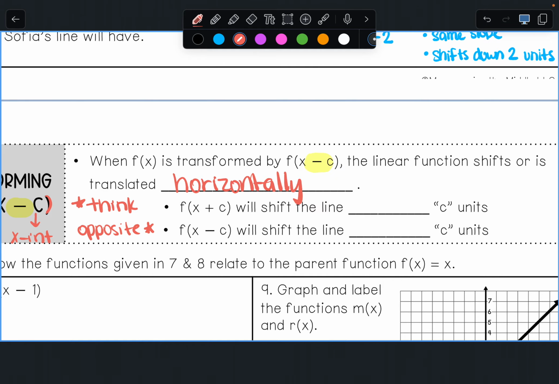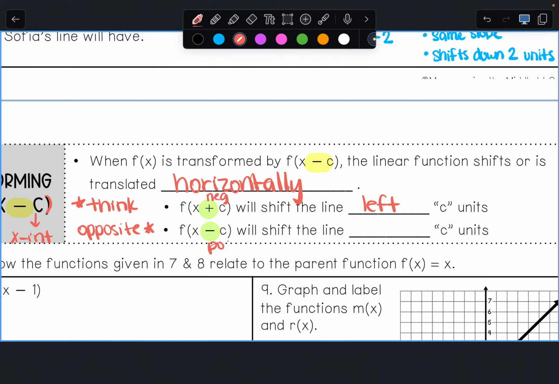Think opposite, okay? So what type of number did you have to plug in to change it to a plus sign? A negative number. And because you plugged in the negative number, which way did it move the line? Left. What kind of number did you have to plug in for it to stay as a minus sign?